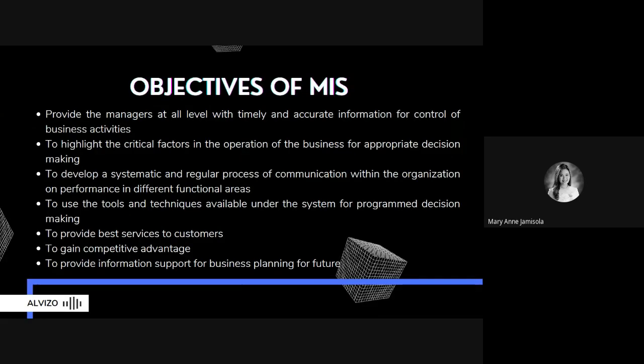So, what are the objectives of MIS? Having in mind the concept of MIS and its impact on the different levels of management, what are really the objectives of MIS?